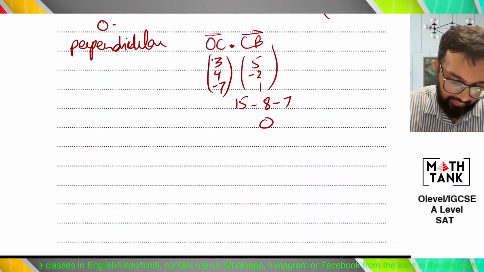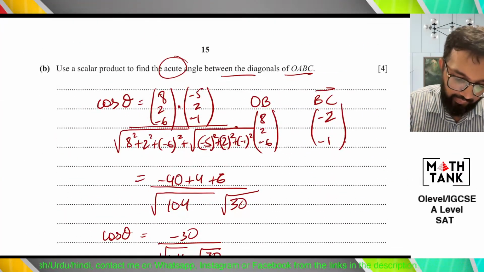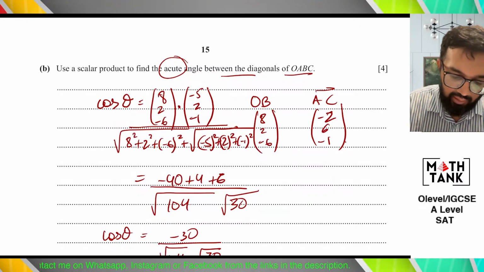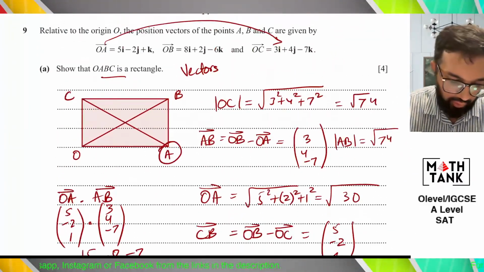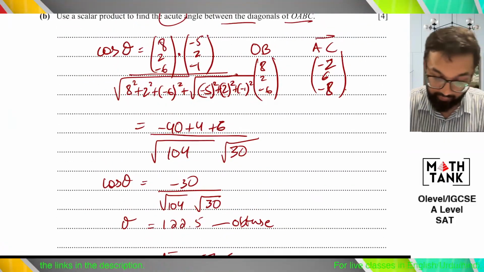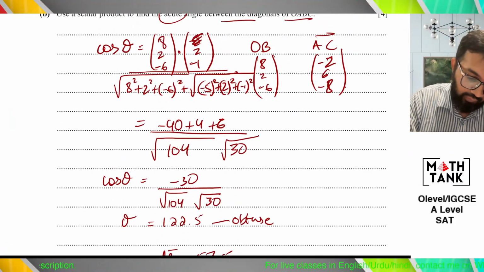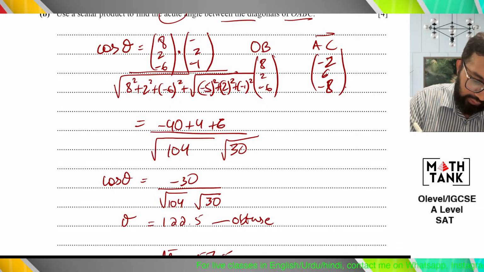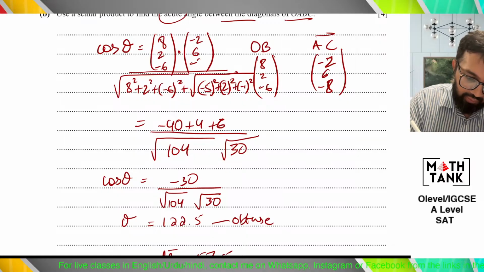4 plus 2, 6. AC होना चाहिए, right? Yes, sure. 2 minus 8. Minus 2, 6, and minus 8.